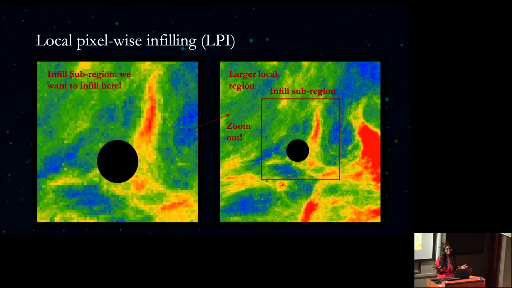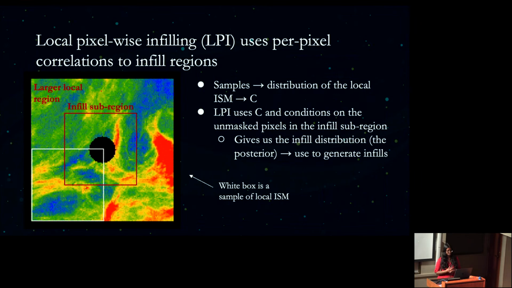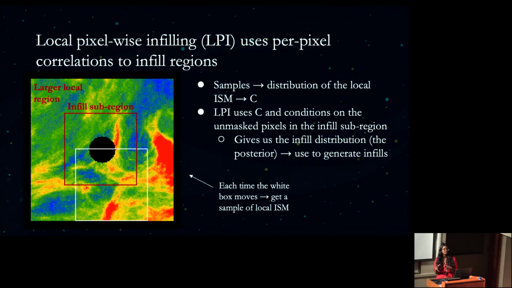We then pretend that we don't know any information about the region that is confusing to us, and then build a distribution for what the infill subregion looks like by using little cutouts of the size of the infill region and sort of pinning it across the whole image. This helps us build a distribution using samples that have been developed from the local interstellar medium.